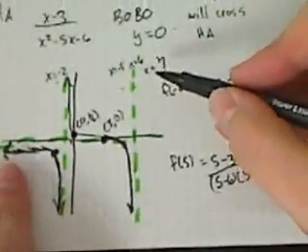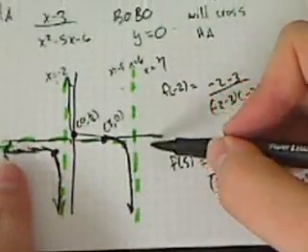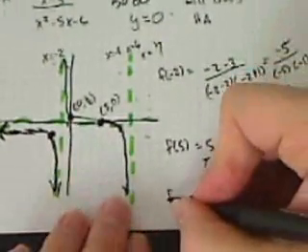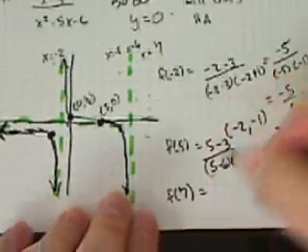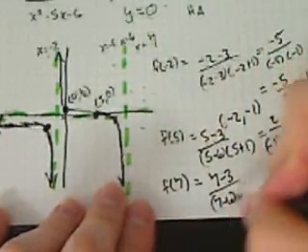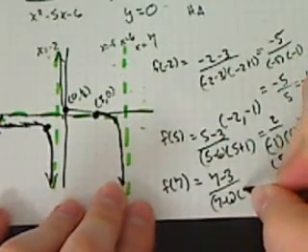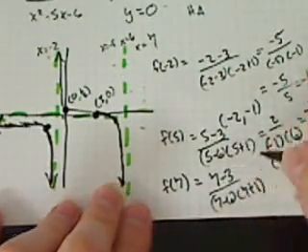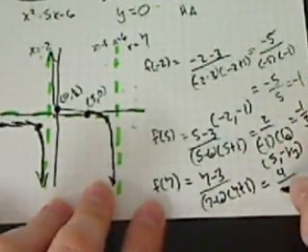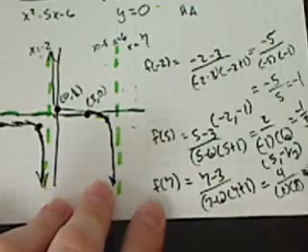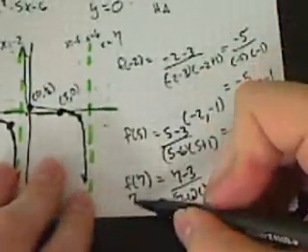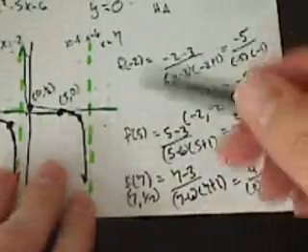The final value we wanted to check was one spot to the right, to determine if it's above or below our horizontal asymptote. So f of 7: 7 minus 3 over 7 minus 6 times 7 plus 1. 7 minus 3 leaves us with 4 over 1 times 8, which leaves us with 1/2. So my final coordinate is (7, 1/2).